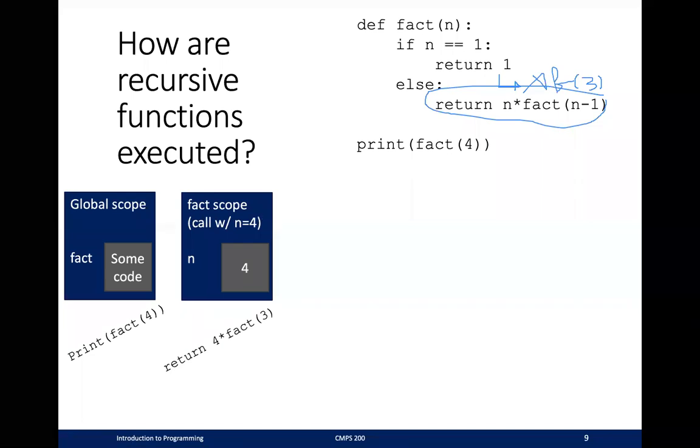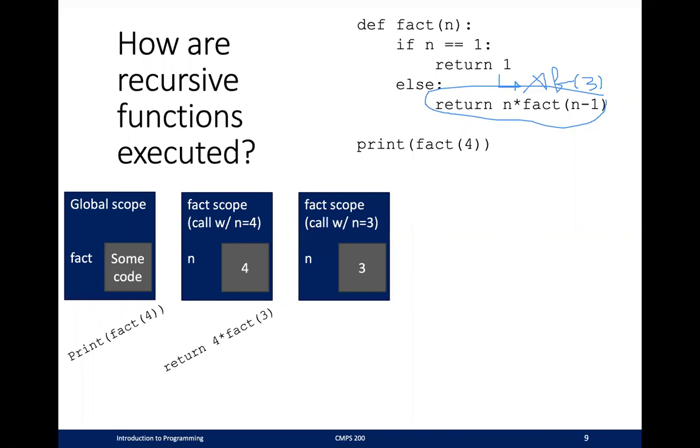Now, what is factorial of 3? That's another call of the function fact, passing n equal to 3. So I'm going to open another factorial scope for this factorial of 3.